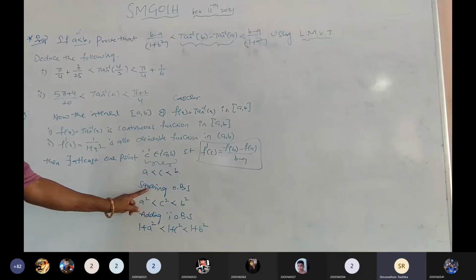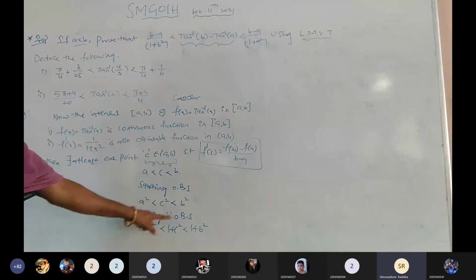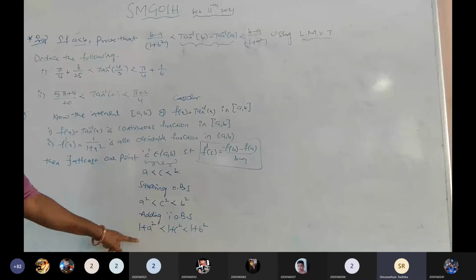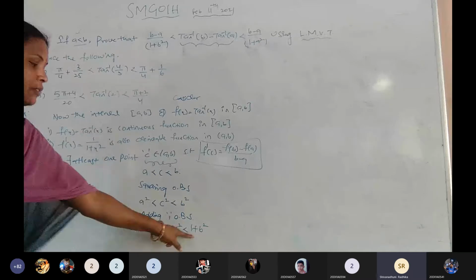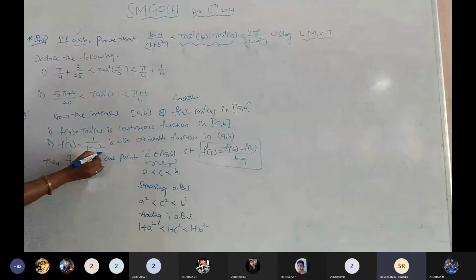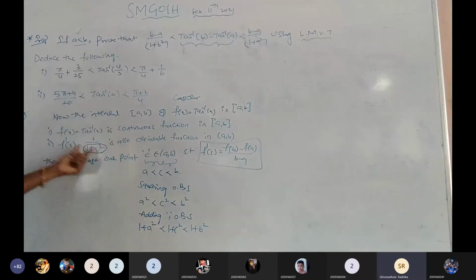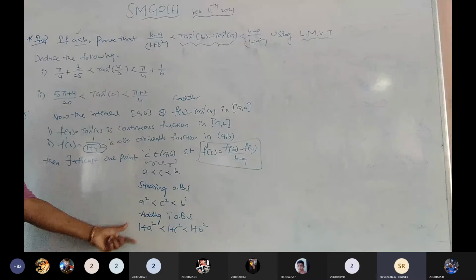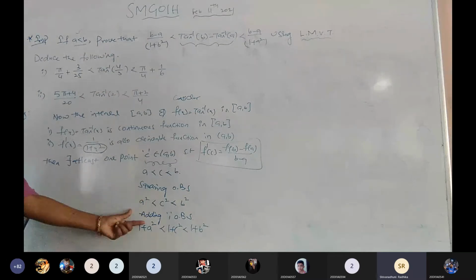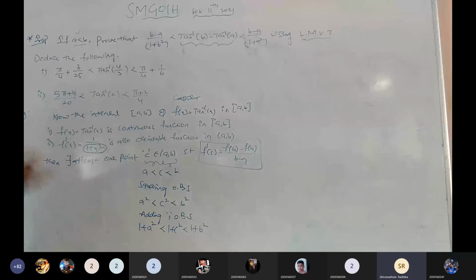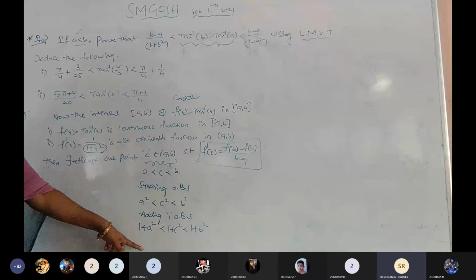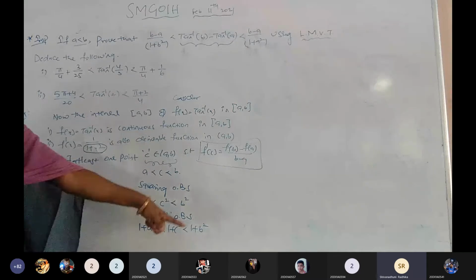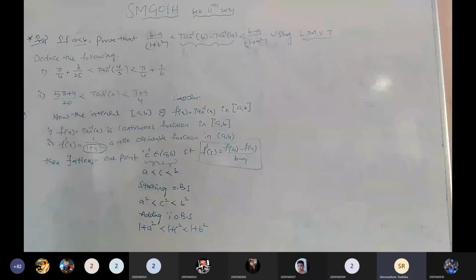Squaring completed and adding 1 also completed. See, the denominator has come. The denominator in f dash of x, I am getting by applying the squaring and adding 1. Right? Next, we need 1 by 1 plus x square, which means we need to take the reciprocal on both sides. Is it clear?